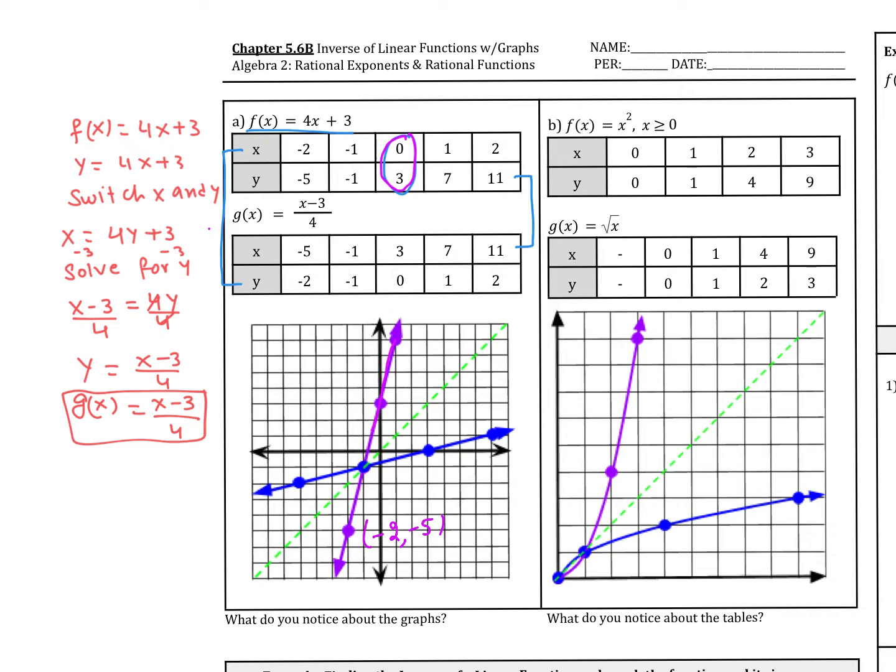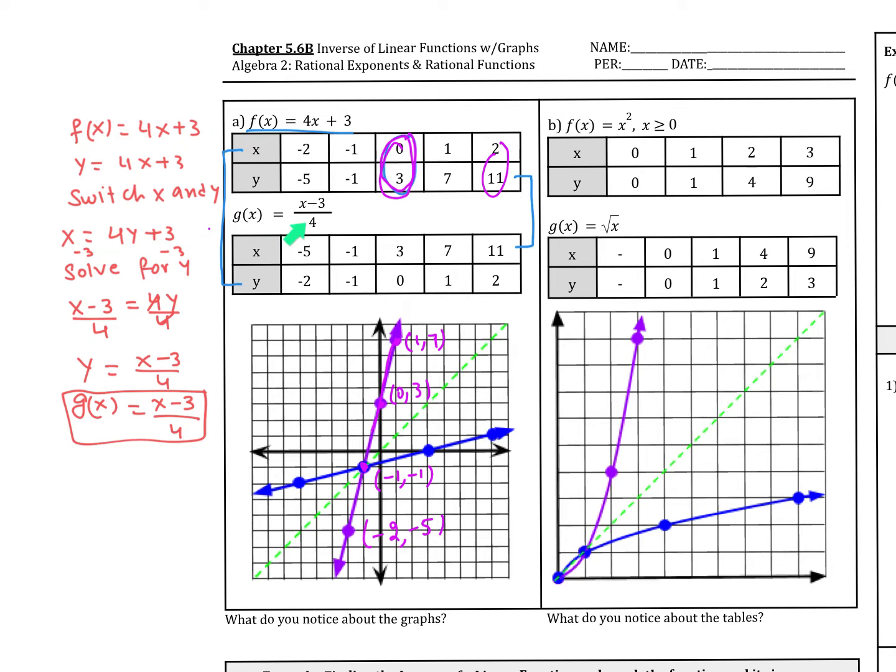The next one is -1, -1, which is the point where both lines cross. This point is the y-intercept, 0, 3, and the next one is 1, 7. The last point is not on the picture, but it's 2, 11. So this is the graph of the function that was given originally, 4x plus 3.